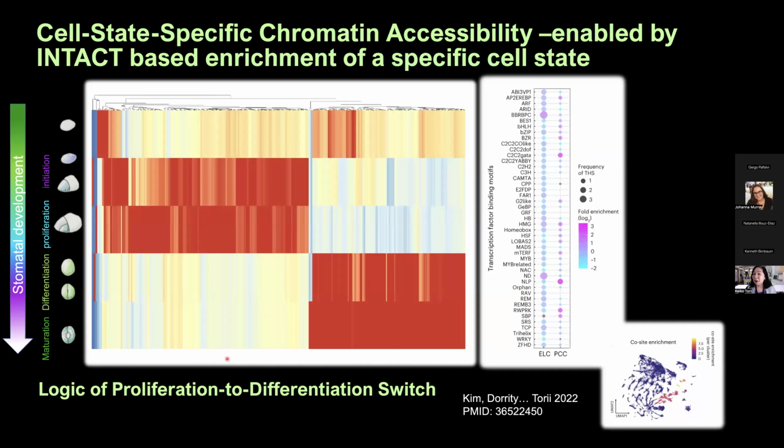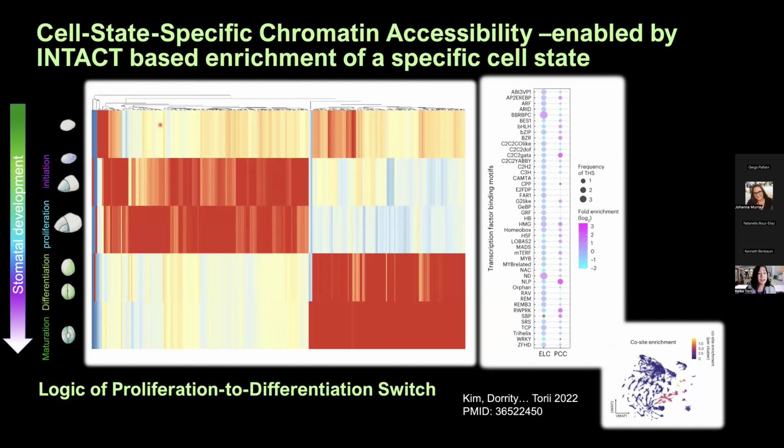But more recently, of course, technology advanced, and even though we are not really technologically savvy people, we started using those tools to understand what is happening during the cell state transition. In this case, we used INTACT-based enrichment of specific cell states during stomatal differentiation and did ATAC sequencing to see how chromatin accessibility changes throughout the Arabidopsis genome.